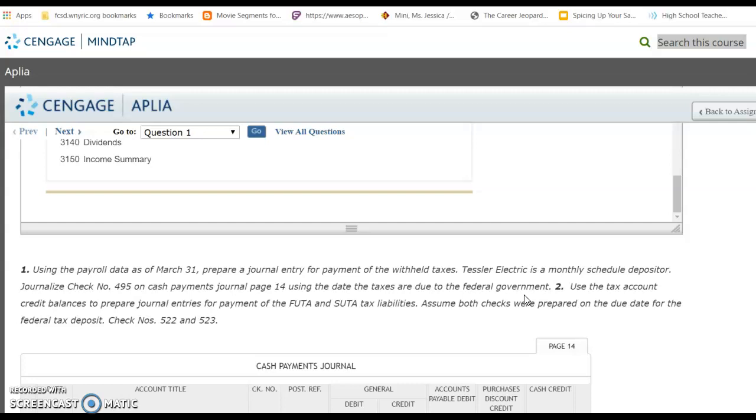Use the tax account credit balances to prepare the journal entries for the federal unemployment and the state unemployment tax liabilities. Assume both checks were prepared on the due date for the federal tax deposits. And we should remember that the dates are always the 15th of April for the first transaction, and then the unemployment one is always the end of the month, which is the 30th for April.